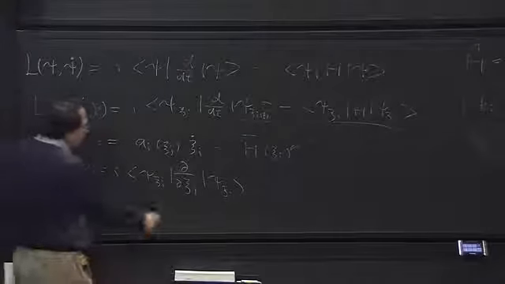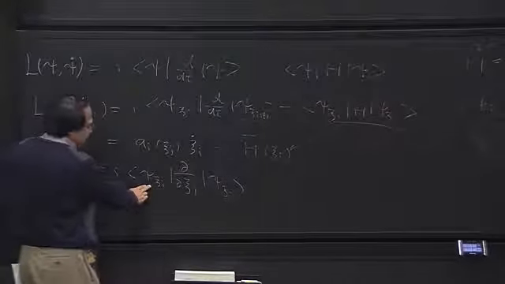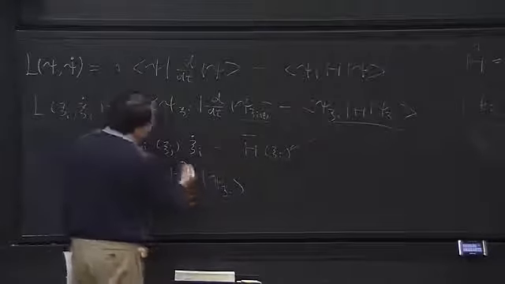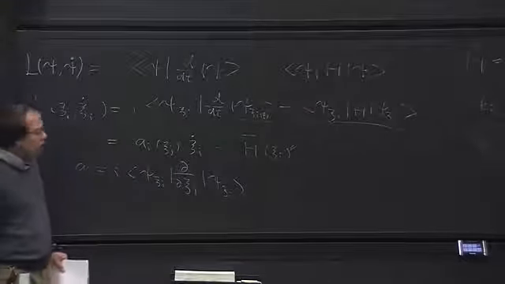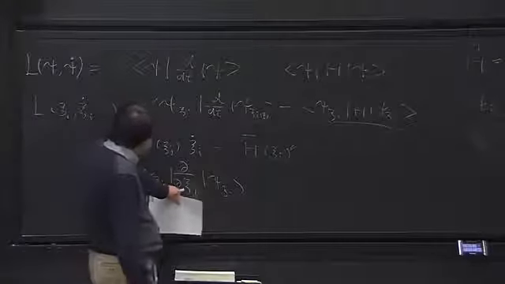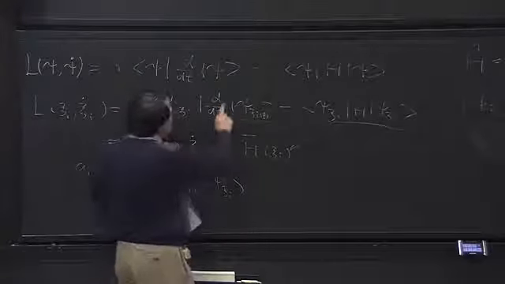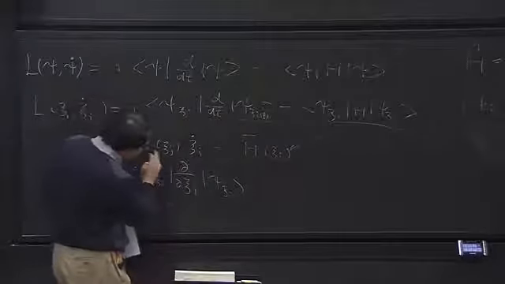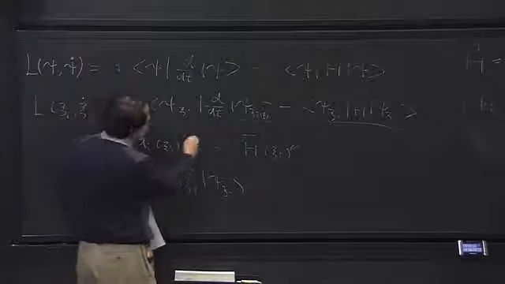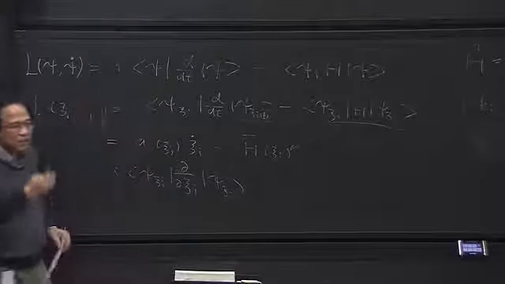It's just some kind of overlap. Once you know the derivative with respect to C, then the derivative with respect to time is given by the derivative with respect to C times C dot. That's the chain rule.